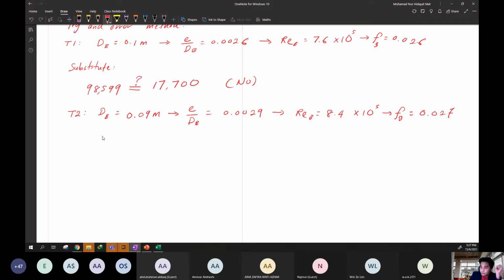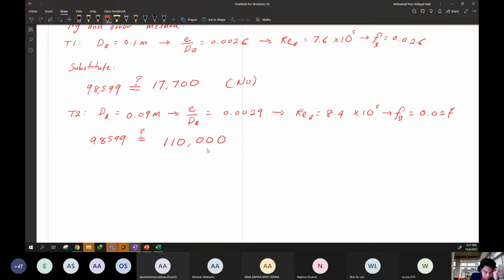Substitute the value. 98599, is it equal? Okay, it is 110,000.